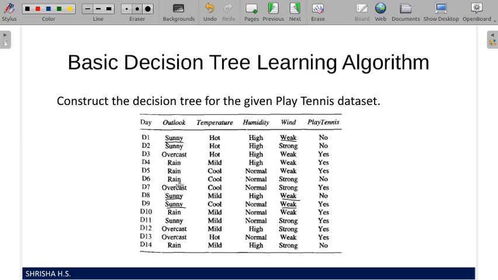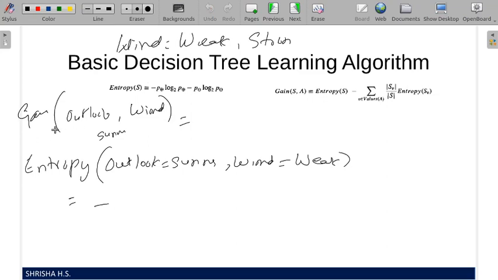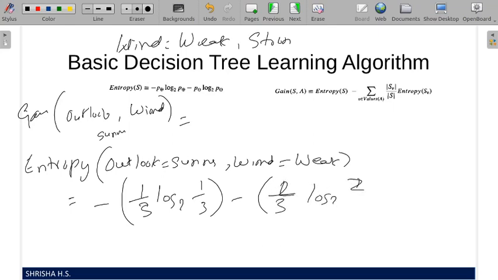There are a total of 3 instances like that: yes, no and no. Out of that, we have 1 positive instance and 2 negative instances, so 1 out of 3 positive and 2 out of 3 negative. So we will have 0.918 as the answer. That will be the entropy for this.